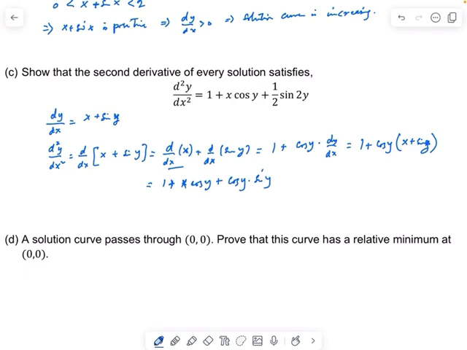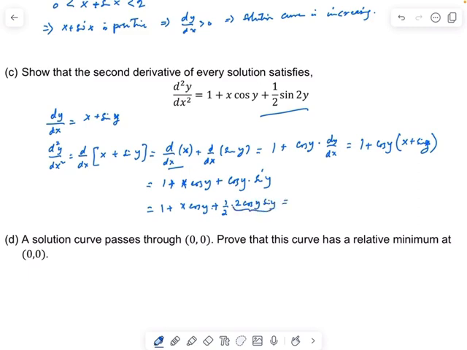But this is not the same as that, but you can see we can make it do like that by doing what? I'm going to divide it by 2. So 1/2 times 2 cosine y times sine y. But what is this? This is sine 2y.